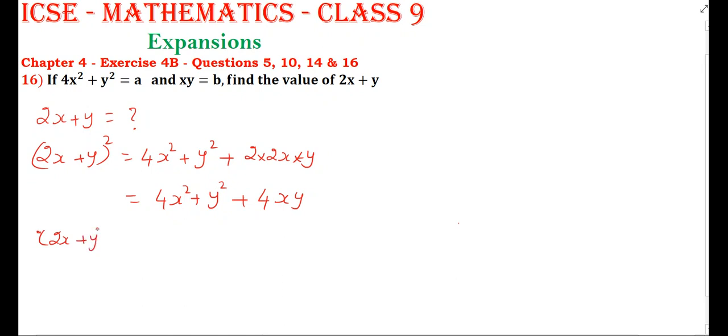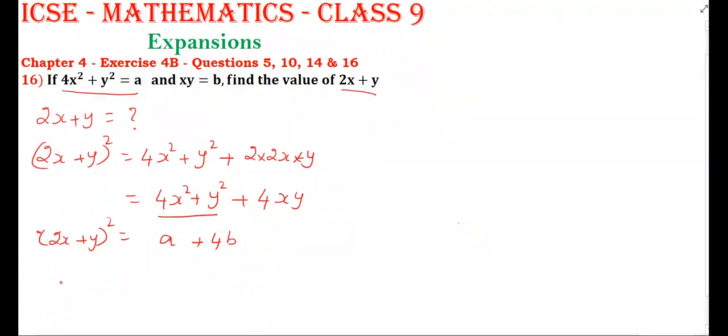2x plus y the whole square equal to 4x square plus y square. So here the value is a. So a plus 4 into xy equal to b. So 4b. So 2x plus y the whole square equal to a plus 4b. So we need to find out 2x plus y.